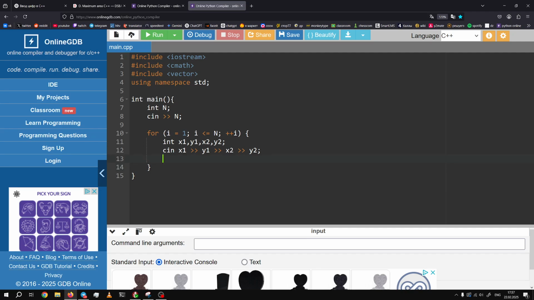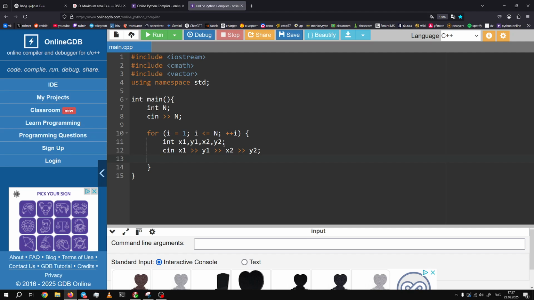So we input variables. We need to find the maximum square of a rectangular. We can create a list of numbers of squares and find the maximum element of this list.